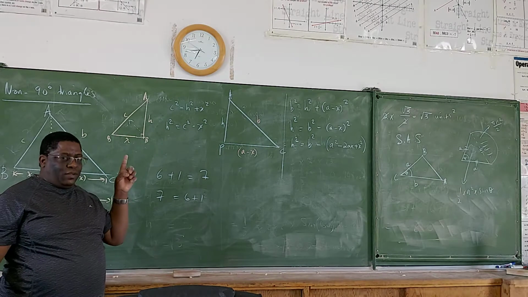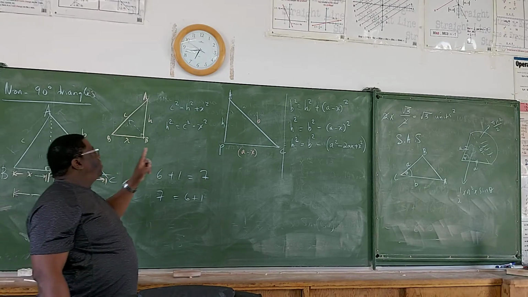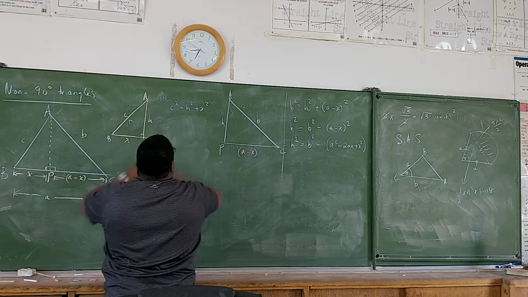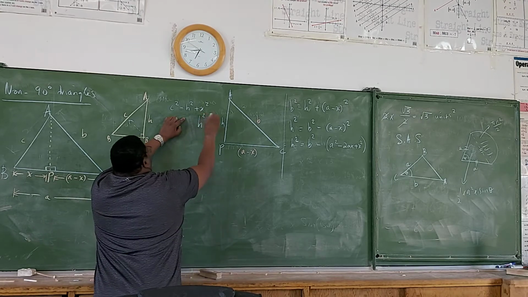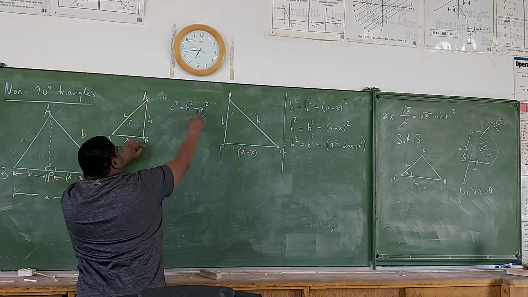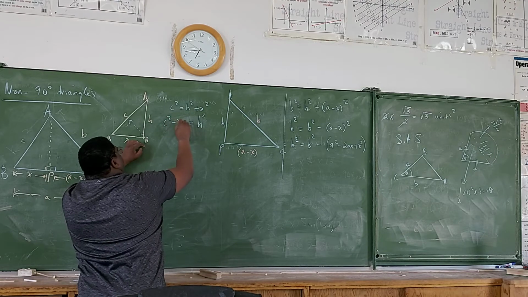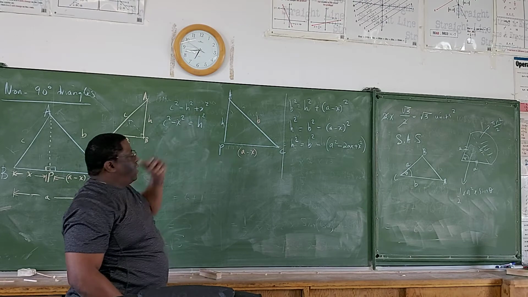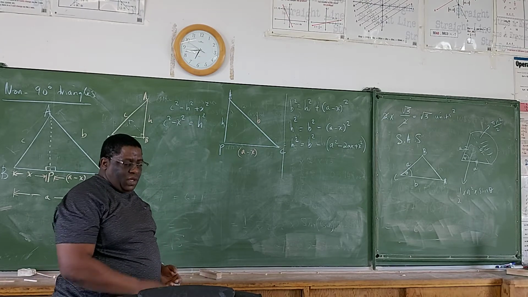You're fine? Okay. They are asking me about the h squared. So h squared equals, taking this over, c squared minus x squared. Then I just wrote the h squared on this side. But I will leave it like that, no problem. If you're happy.